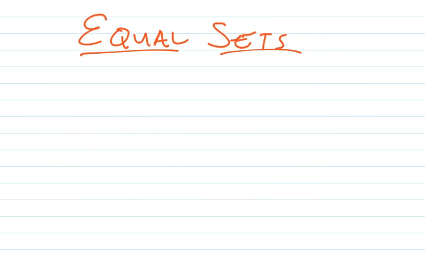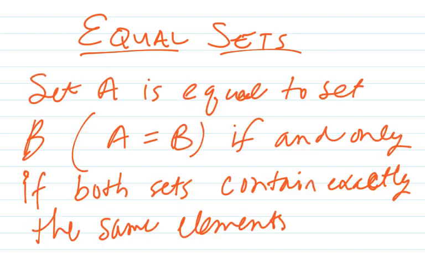Equal sets must have the same elements, and they have to be exactly the same elements. So you can see that written out. Set A is equal to set B, and we would just say A equals B, if and only if both sets contain exactly the same elements.